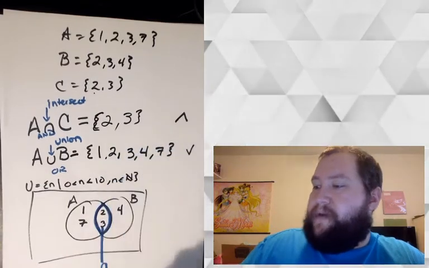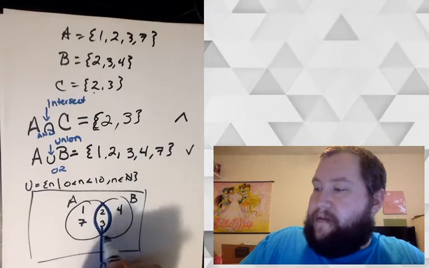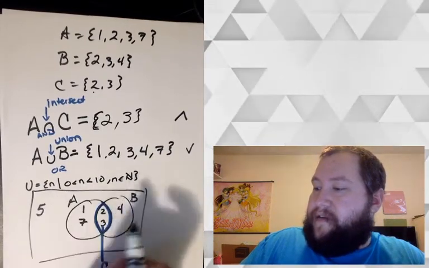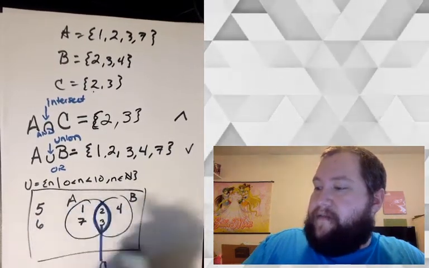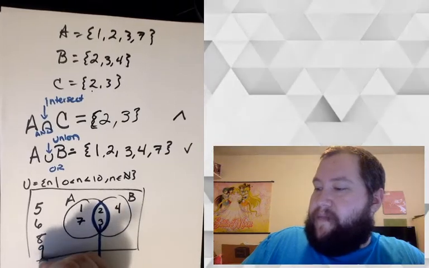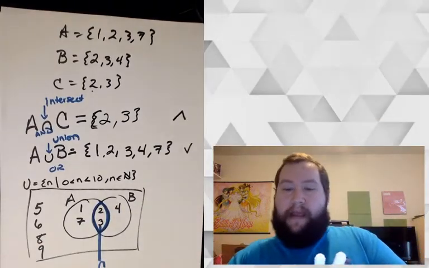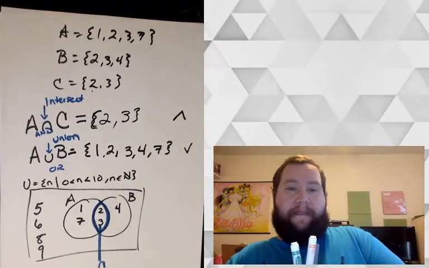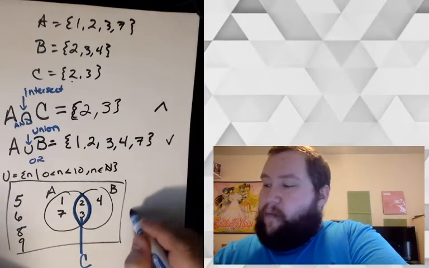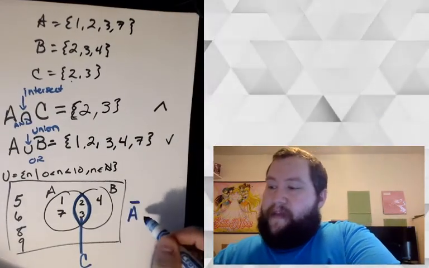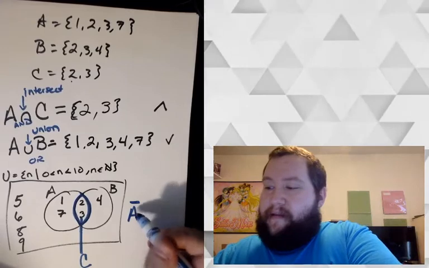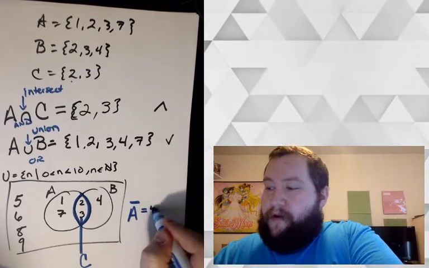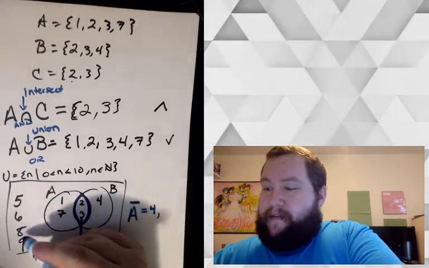It's a natural number, and so we have 1's there, 2's there, 3's there, 4's there, 5 lives out here, 6 lives out here, 7, 8, 9. And so here, suppose we wanted everything that wasn't in A. Everything that's not in A is going to be this 4, 5, 6, 8, and 9.